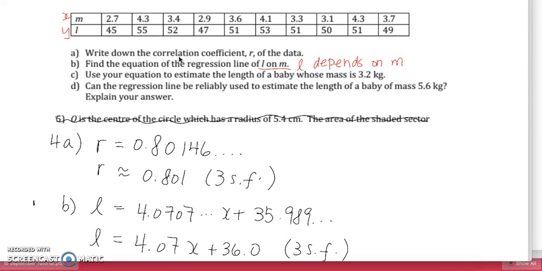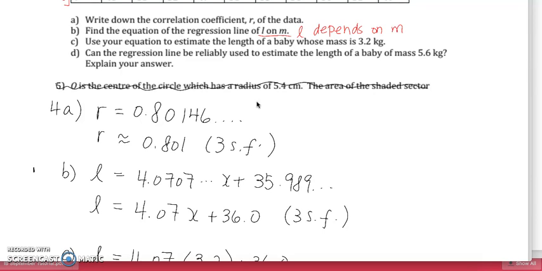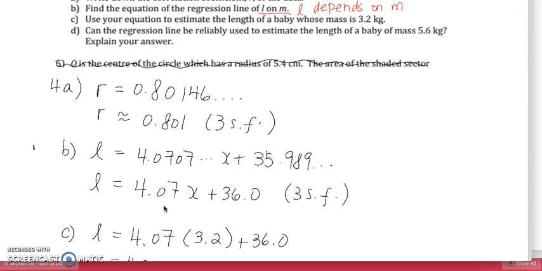And make sure your diagnostic function is turned on, or otherwise the correlation coefficient will not show up. So after you do all that, the correlation coefficient works out to approximately 0.801 rounded to 3 significant figures. And the equation of regression line will be L equals 4.07x plus 36.0 rounded to 3 significant figures.